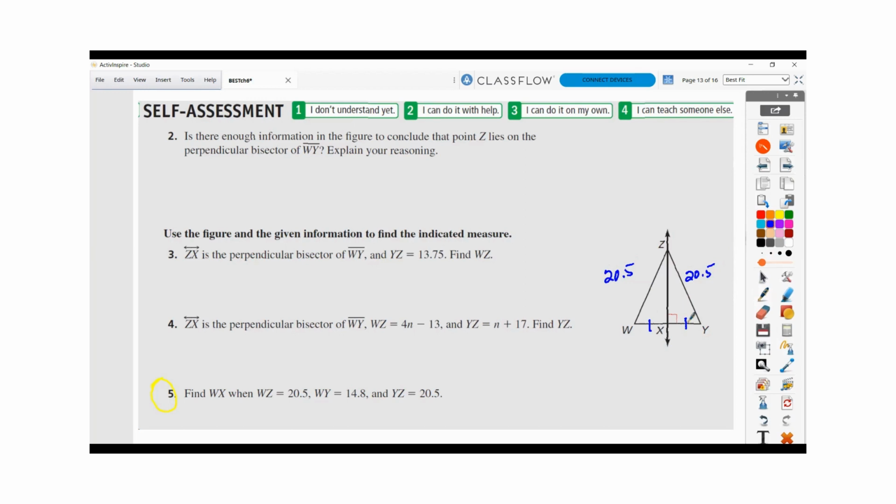We're using the converse now of the theorem we were given earlier. So again, if we know that all of this is 14.8, and this must be the perpendicular bisector, to get what they're asking for, which is WX, you would take 14.8 and divide it by 2, and you would have 7.4. And there you go. That's your answer for number 5.